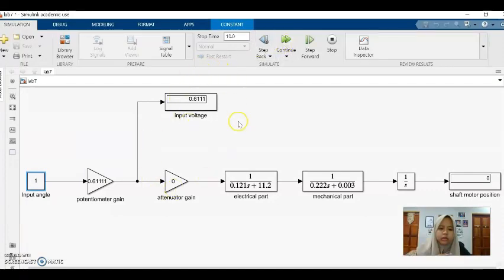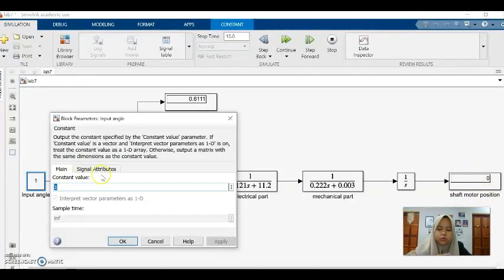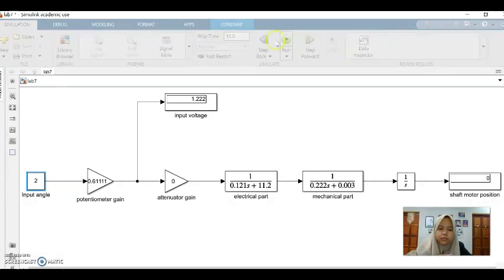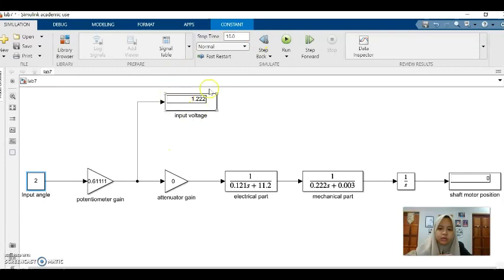And here is the input voltage and the output of the shaft motor position. Then we increase it to 2. The input voltage is increased to 1.222.